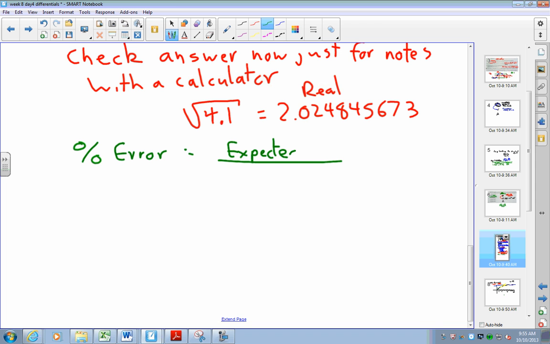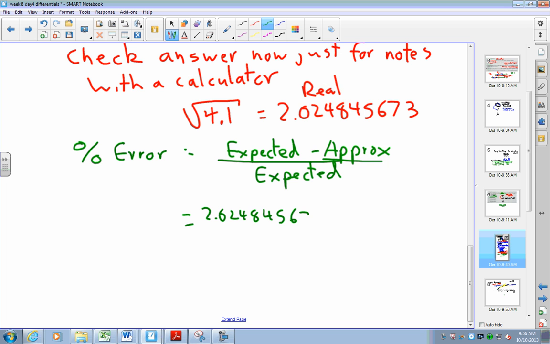Expected minus approximate, all over who? Expected. Okay, let's see what we get. So my percent error was 2.024845673. Let's not absolute value it, that's kind of cool what it tells you.